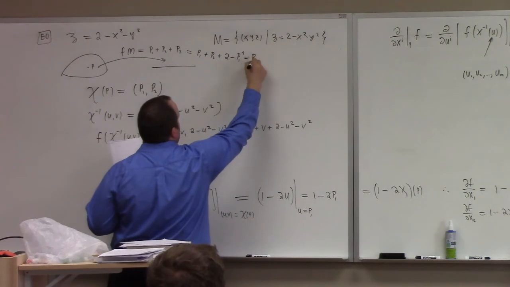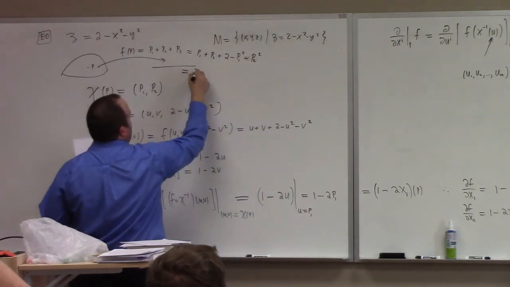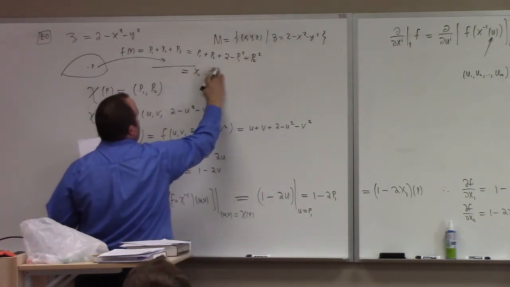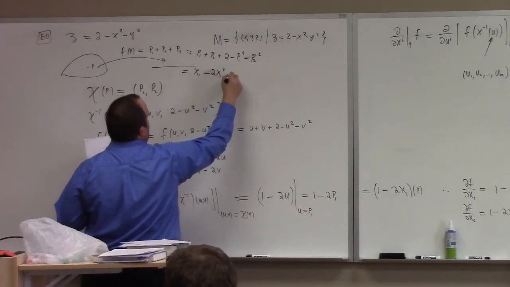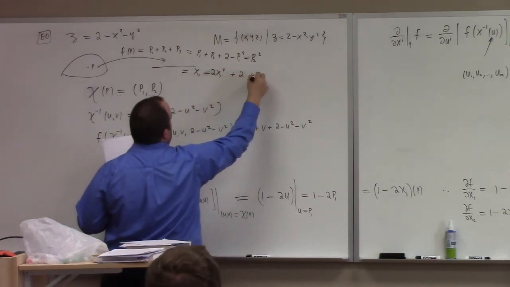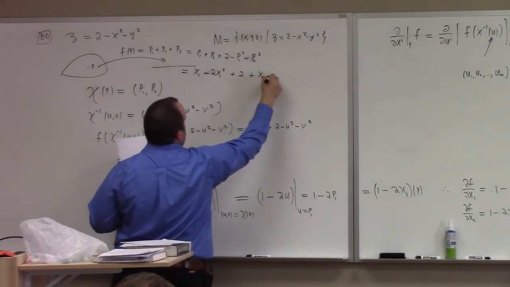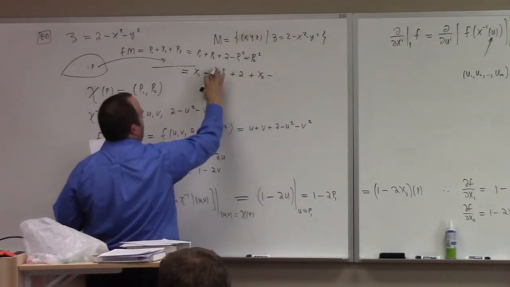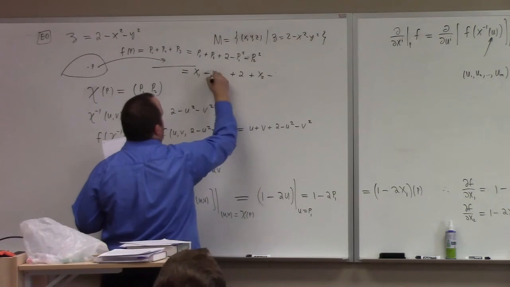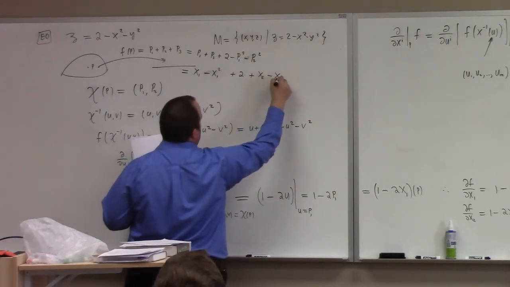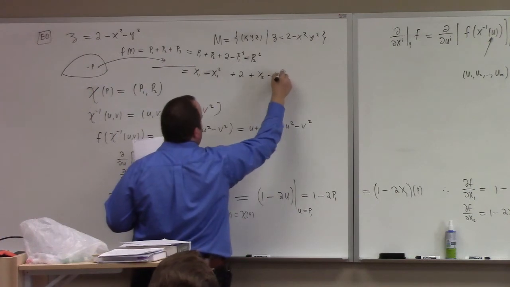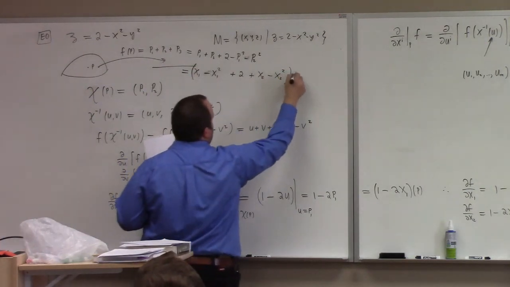In other words, it's x1 minus x1 squared plus 2 plus x2 minus x2 squared, all acting on p.